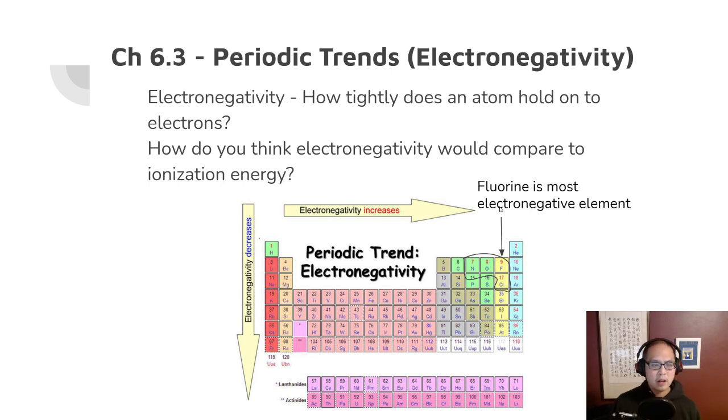Now, if you have trouble remembering all this for electronegativity, just remember, ignore the noble gases, and fluorine is the most electronegative element. And these four that I've circled here, nitrogen, oxygen, fluorine, and chlorine, are the four most electronegative elements.